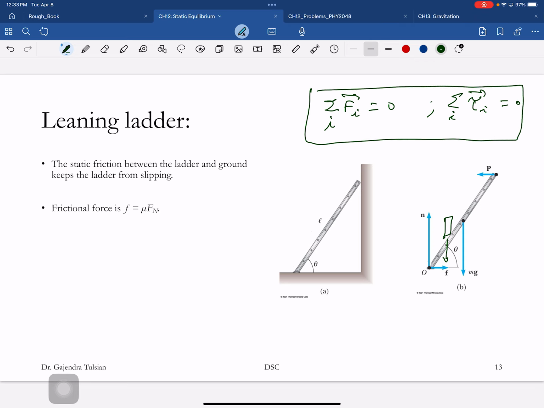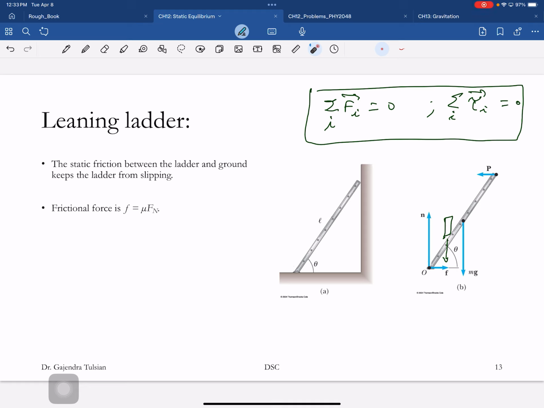So for instance, on this object, let's say you were climbing up on this ladder and you didn't want this ladder to move. Here are the various forces acting on this object, and this was done by drawing the free body diagram. What does the free body diagram do? It shows you all the forces acting on the object and where the forces were acting.